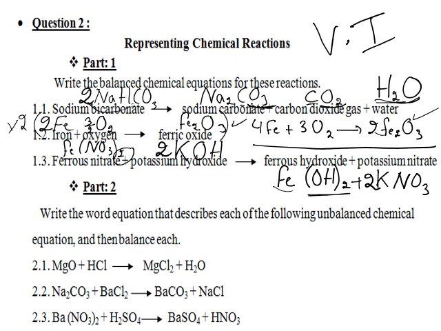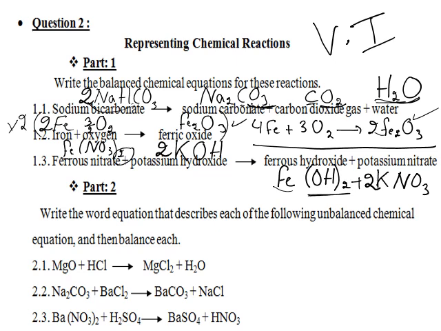Moving to the next part: write the word equation that describes each of the following and balance the chemical equation. We have MgO plus HCl going to give MgCl2 plus H2O.